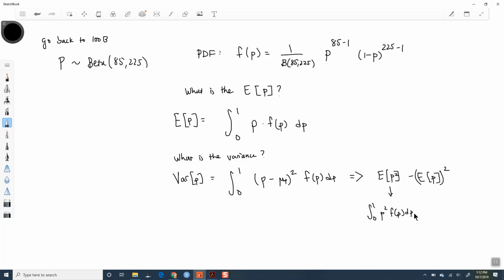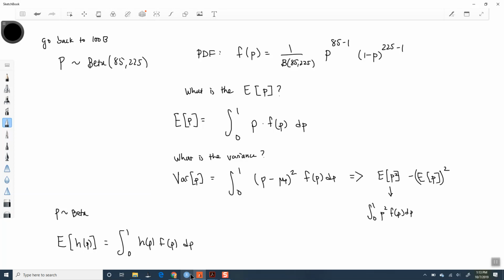So now the question is, what is the general form if we have some function h of p? How do we calculate this? Assuming p comes from a beta distribution, this will be the integral from 0 to 1 of h of p times the distribution of p.